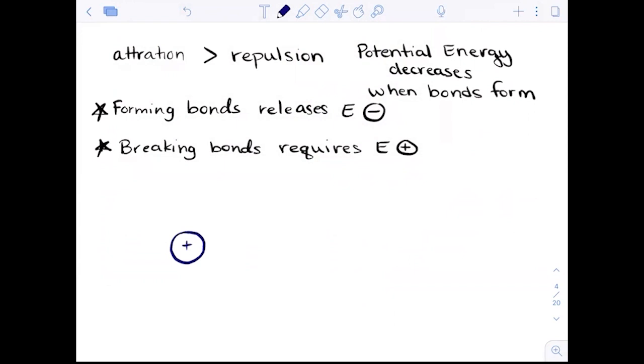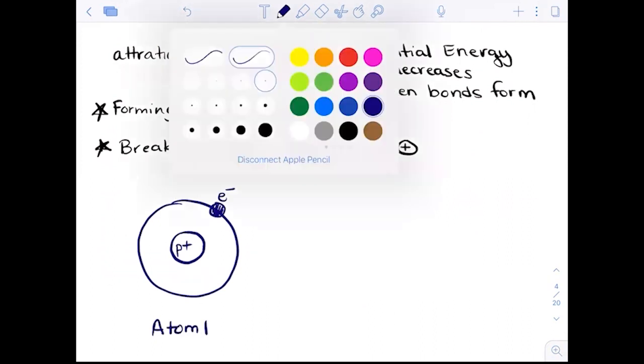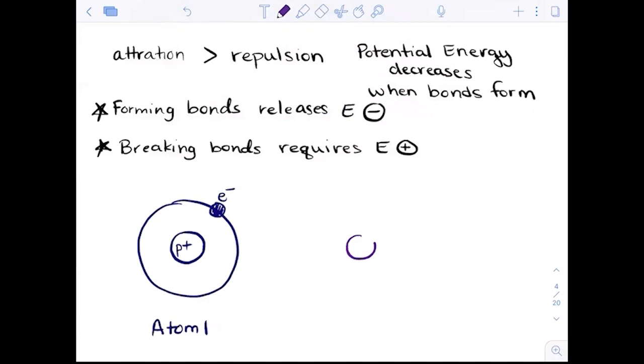He's got some positively charged things, and he has an electron in an outer orbital. We'll call this atom 1. On the other side, we'll have atom 2 with some protons in its nucleus and an electron in its outer orbital.